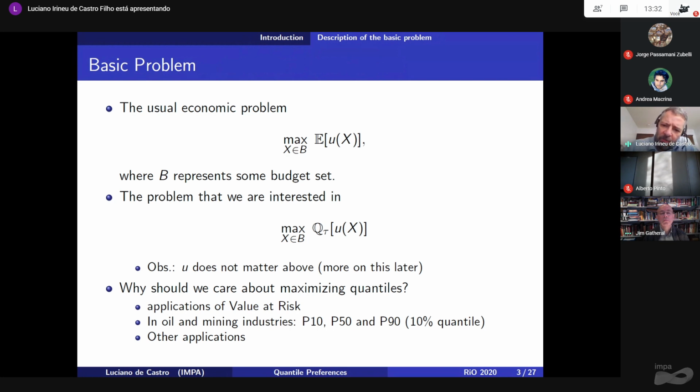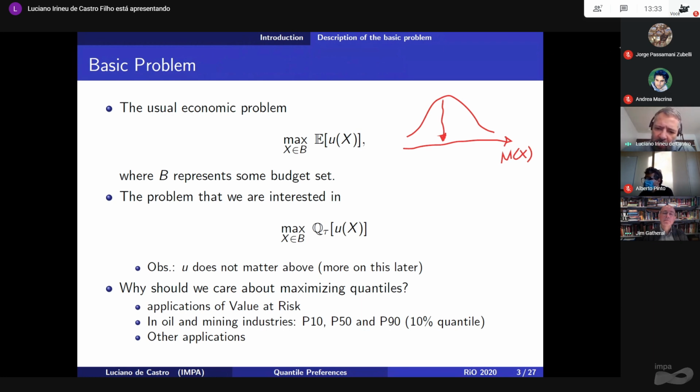And what the expected utility does, as we know, if you take a distribution of u of x here, is take the certainty equivalent. Then, of course, you have many x's in your budget set or in your set of choice, and you choose the one that gives you the highest expected value. So this is the economic problem that we have been studying for years and years.